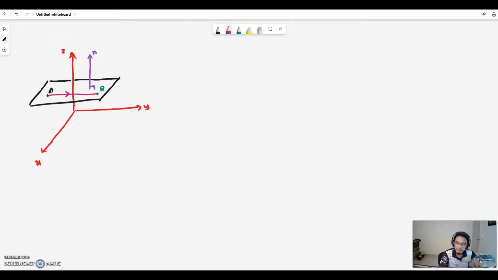In order to find it, we need the point A and the point R. The point A is x1, y1, and z1, and the point R is x, y, and z. R is any point on the surface of the plane, so we are given only x, y, and z, not x1, y1, and z1, because R will remain as an unknown.